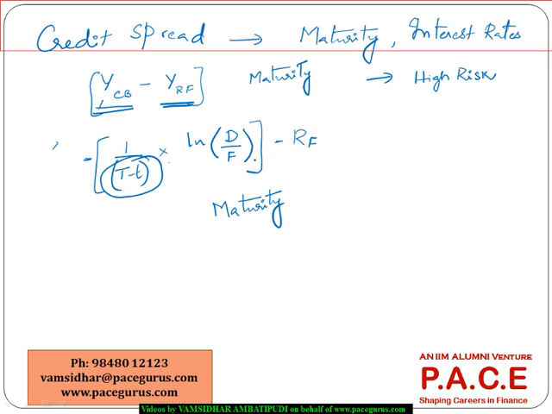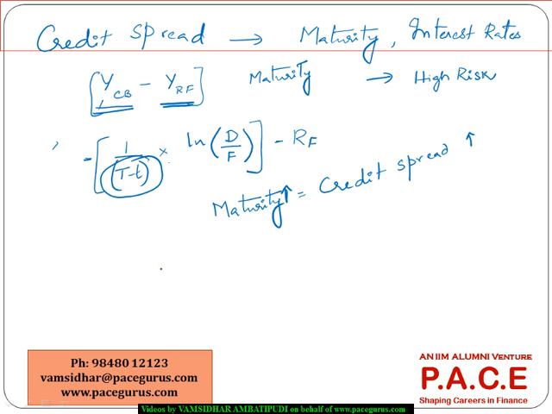And the credit spread is actually increasing. Just using the formula, as the maturity period is increasing, the credit spread is increasing because there is a high possibility that you will lose your money. The value we are receiving is less than the par value. So generally the credit spread will increase for any kind of security.